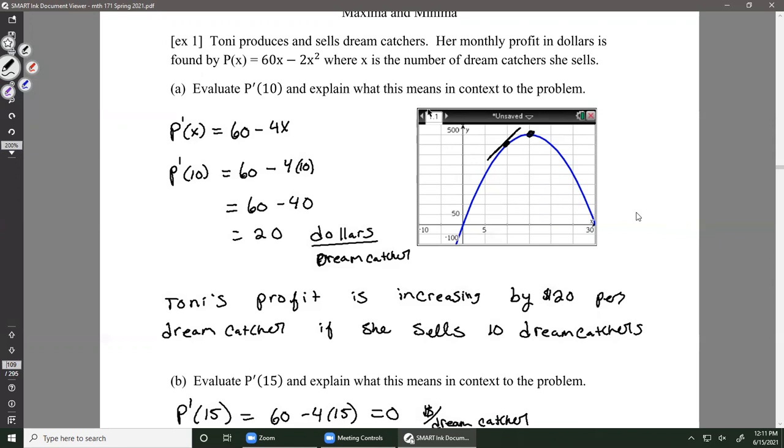Well, here, it flatlines. It's 0. That's at 15. So her profit is not changing. If we go to 20, without even calculating, if we look at a tangent line, we can see that tangent line's negative. So her profit is actually decreasing the more she sells.